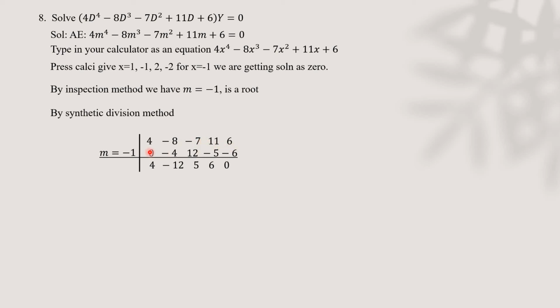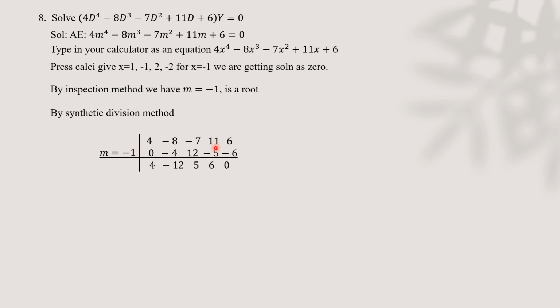So start with 0, add these two values, 4 plus 0 is 4. Then multiply this value 4 with -1. We are going to get -4. Write down that value -4 here and add these two values. We are going to get -12. Multiply with -1 again. We are going to get +12. Add these two values. We are going to get 5. Multiply with -1, 5 into -1 is -5.